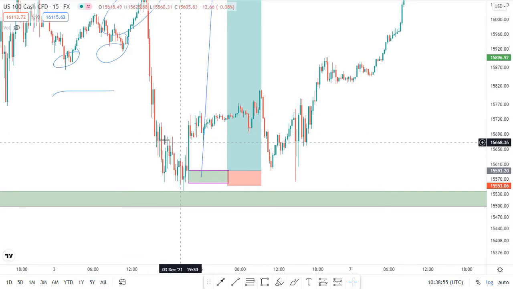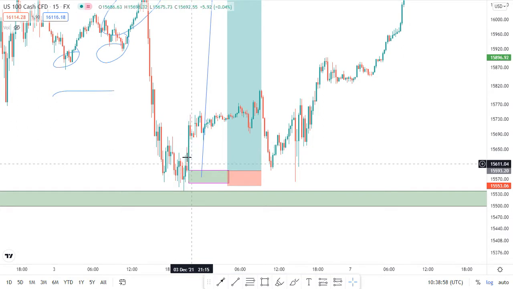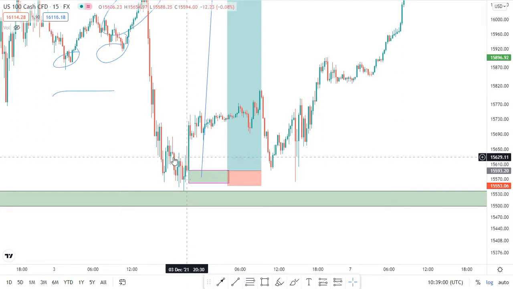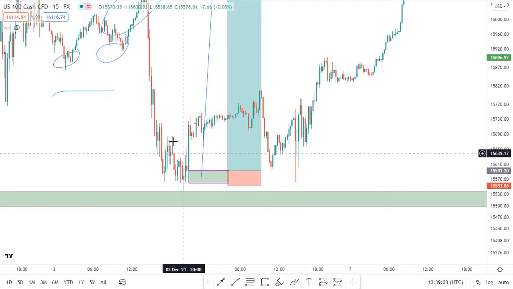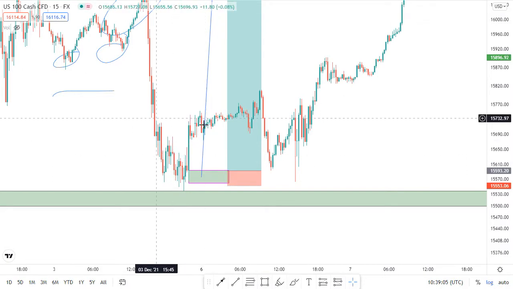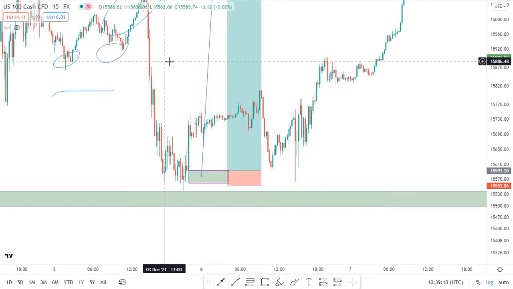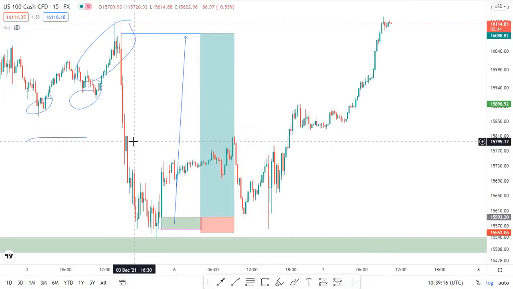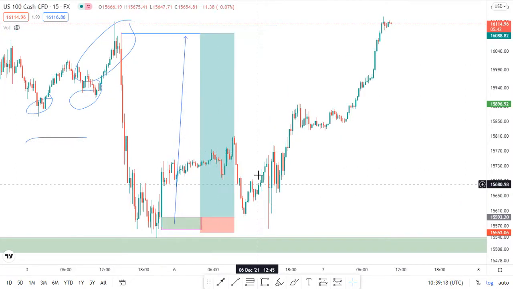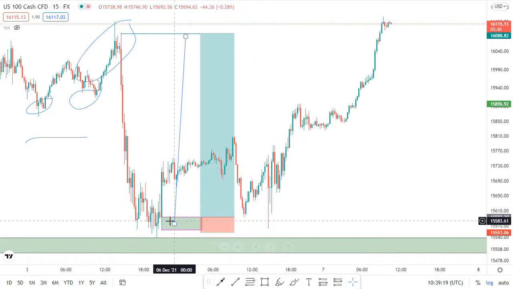When I went to 5 minutes, I checked the structures and found out that the structures were breaking too much. It broke this, and it broke this, but not yet this. That's why I went to my 5 minutes. For those who saw this trade, I took it on my 5 minutes. I came here and placed my limits here.